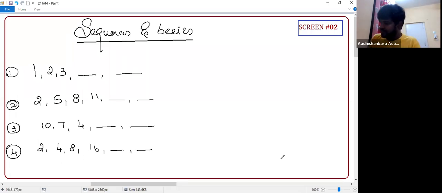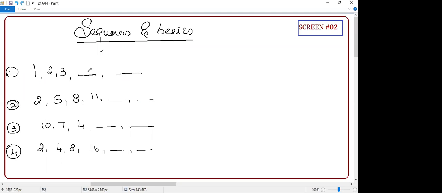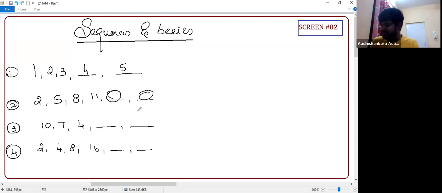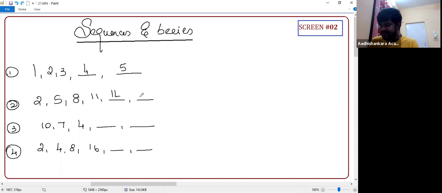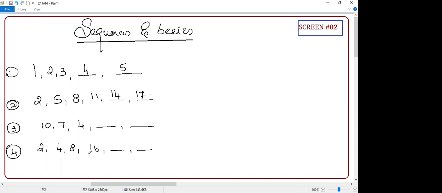Someone please unmute and say what is the answer for this. 4, and 5, 6, 7. Then what is the answer for these? 14 or 13? 14 and 17. 20. Nice.